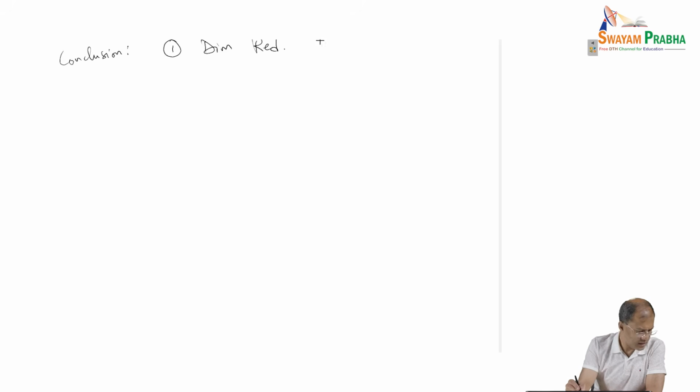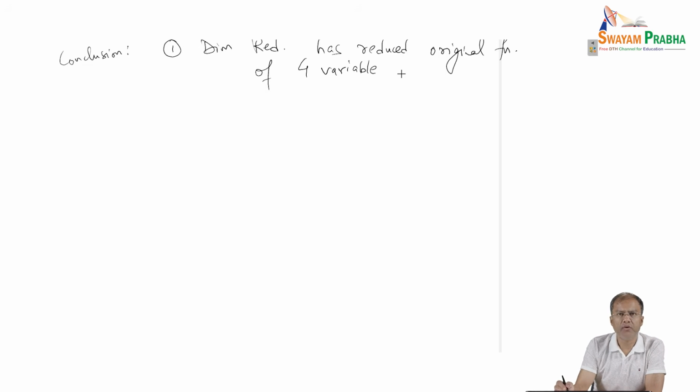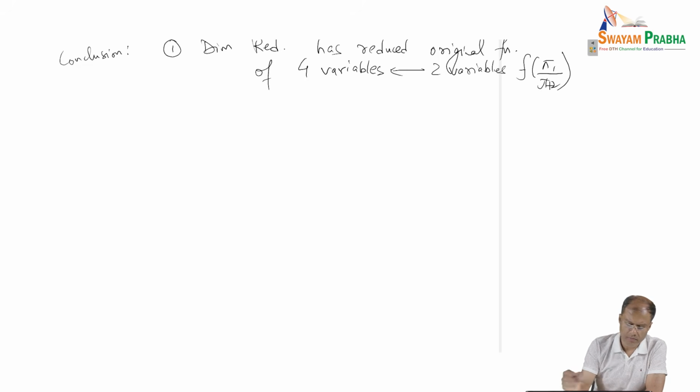The dimensional reduction has reduced the original function of 4 variables. In this, I'm just talking with respect to the pattern formation example. So 4 variables into 2 variables. And this is a function f of pi 1, pi 2.